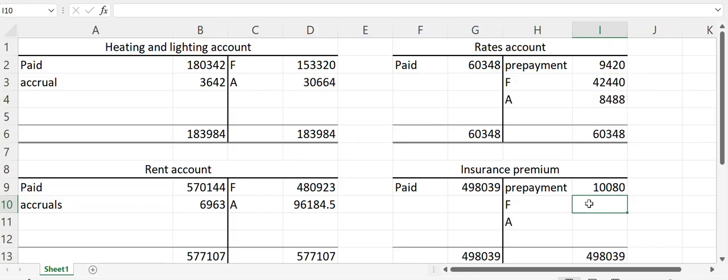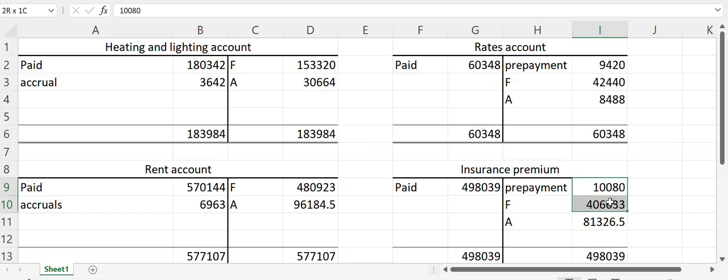So we do the same here. Factor it was 5/6. We multiply that by, we open bracket, it is 498039 minus 180, close that bracket, do the same, multiply that by, open bracket, 498039 minus 180.